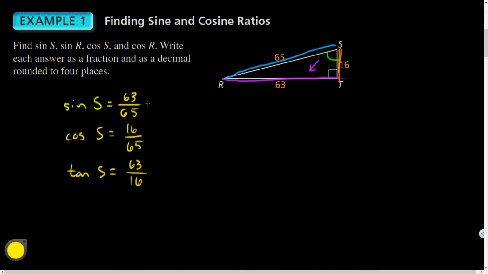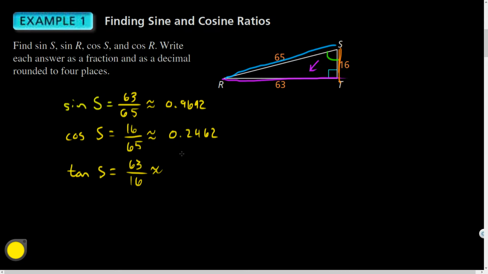They did also ask for 4-digit decimal approximations. We might as well produce those, or I could have just cheated. I'm just going to cheat. Hey, I have it right here. 0.9692. This one is going to be 0.2462.